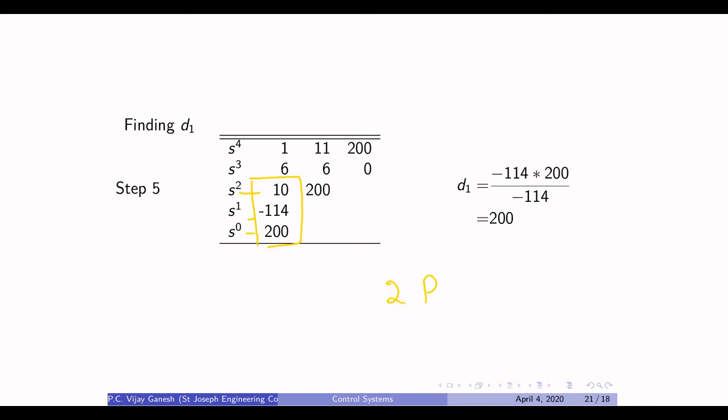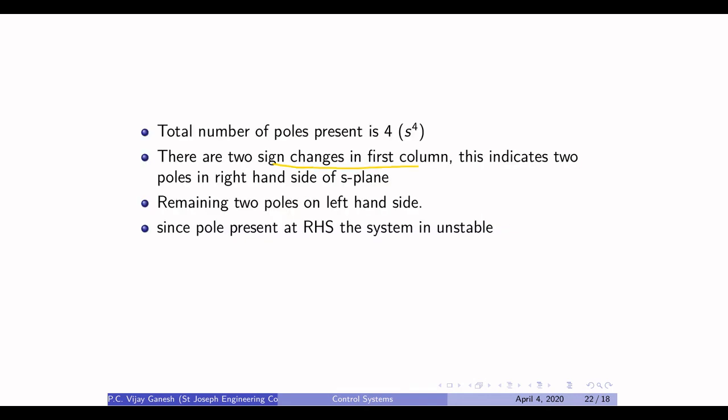So based on this, we can straight away tell the system is unstable. Here 2 poles are on the right hand side, and the remaining 2 poles will be on the left hand side.